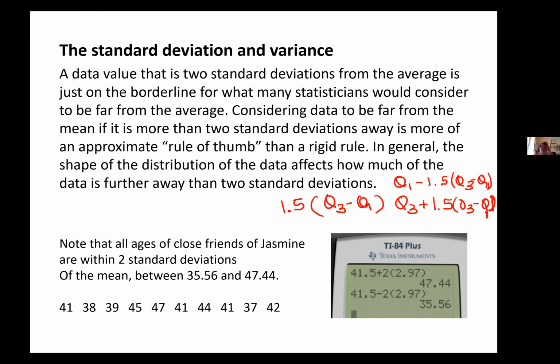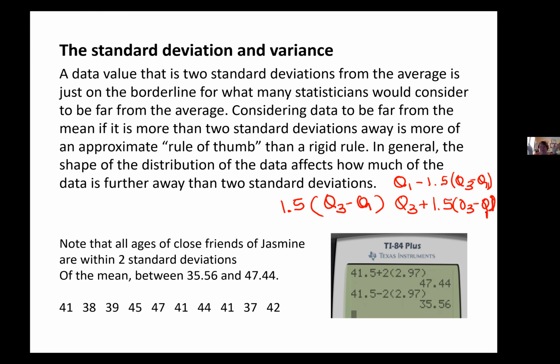Well, we can use the standard deviation similarly. A rule of thumb is if you have a data value that's smaller than your mean by 2 standard deviations, that might be an extreme value. It might be an outlier. Or if you have a data value that's above your mean by 2 standard deviations, that could be an extreme value or an outlier.